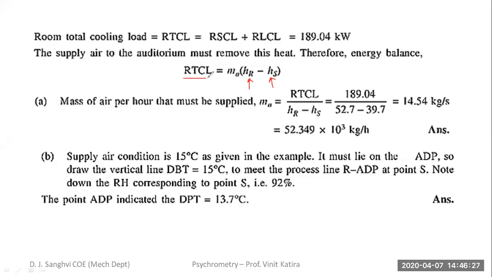So room total heat is equal to mass flow rate of air into HR minus HS. That is the enthalpy of air inside the room minus enthalpy of air that is entering the room from the conditioner coil. So from this you should be able to get mass of air supplied in the room as 14.5 kg per second.